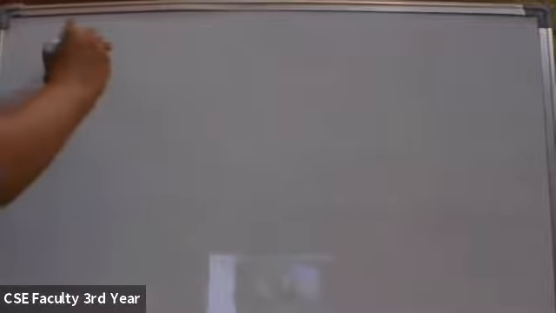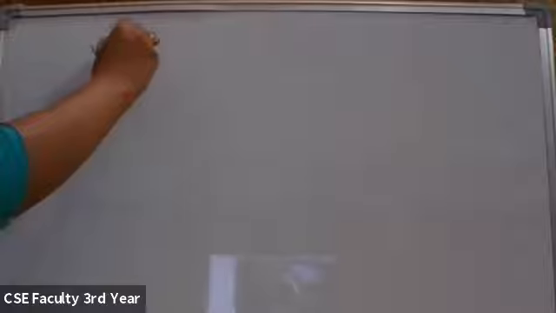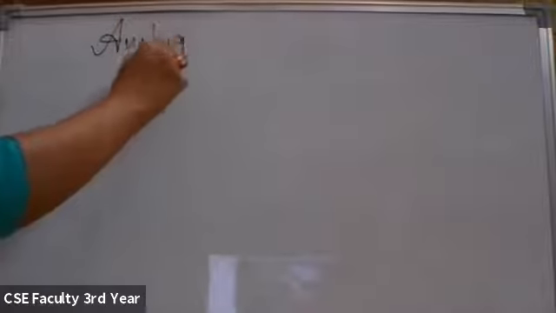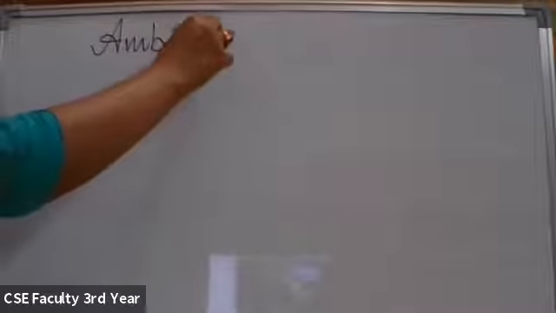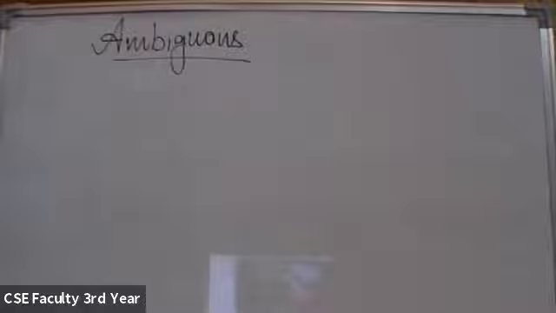Yes, anyone? What is an ambiguous grammar? So ambiguous grammar is the grammar from where you can obtain more than one parse tree.